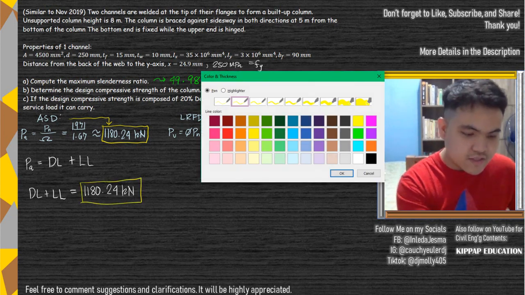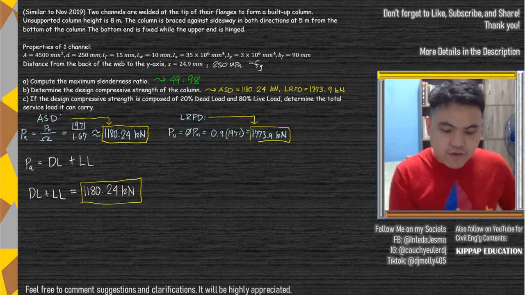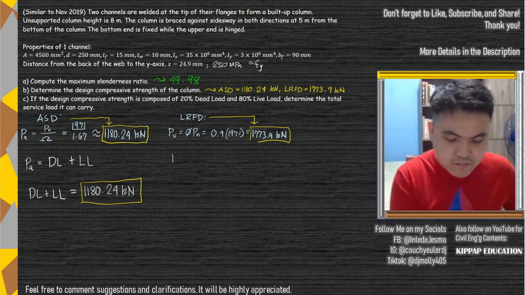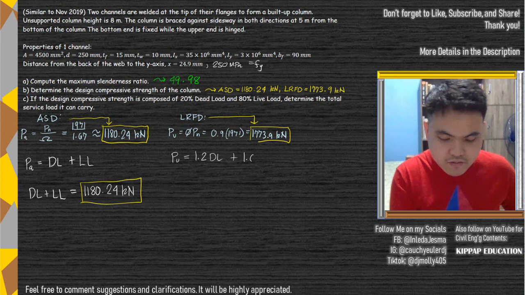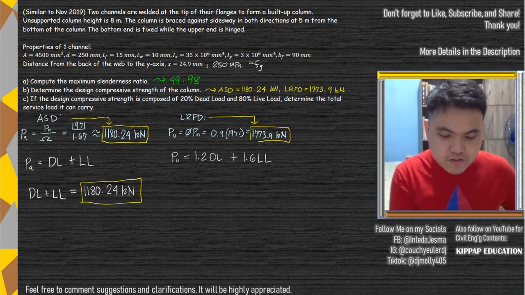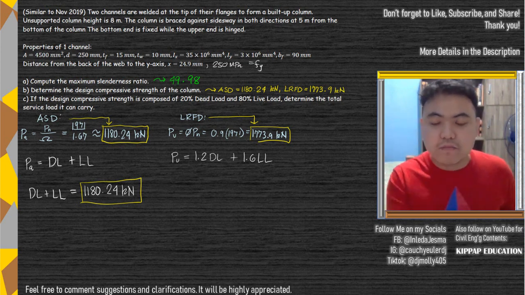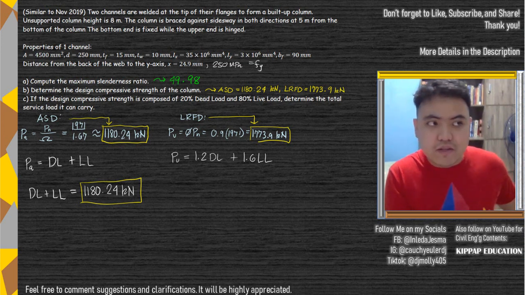Bilis, no? Next, ito yung medyo mahirap. For LRFD, yung P sub U natin, yan yung may 1.2 dead load plus 1.6 live load. Pero sabi, 20% dead load, 80% live load. So, since 20% yung ambag ni dead load, 80% yung ambag ni live load, pwede naman natin kunin yung kanilang ratio.